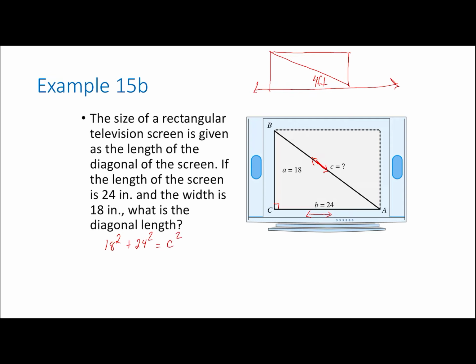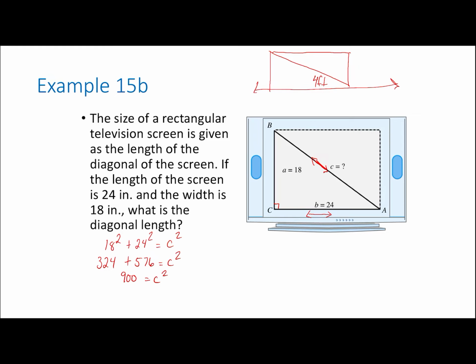Now, you'll obviously want to use a calculator here to crunch some numbers. So as you do, 18 squared is 324. 24 squared is 576. And if you add those together, you'll get 900, which is equal to c squared.